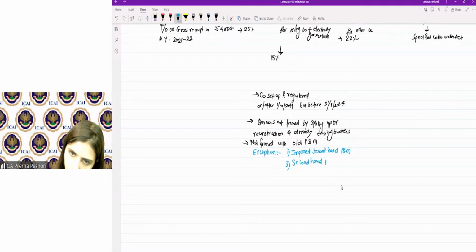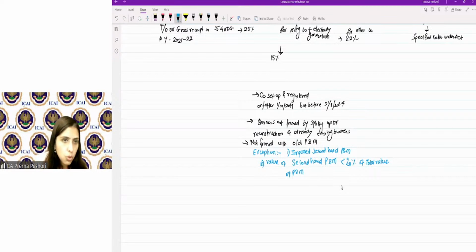So these are the two exceptions which are given to you. One is that it can be second-hand imported, and the other is that the value of second-hand plant and machinery is less than 20% of the value of the entire plant and machinery.